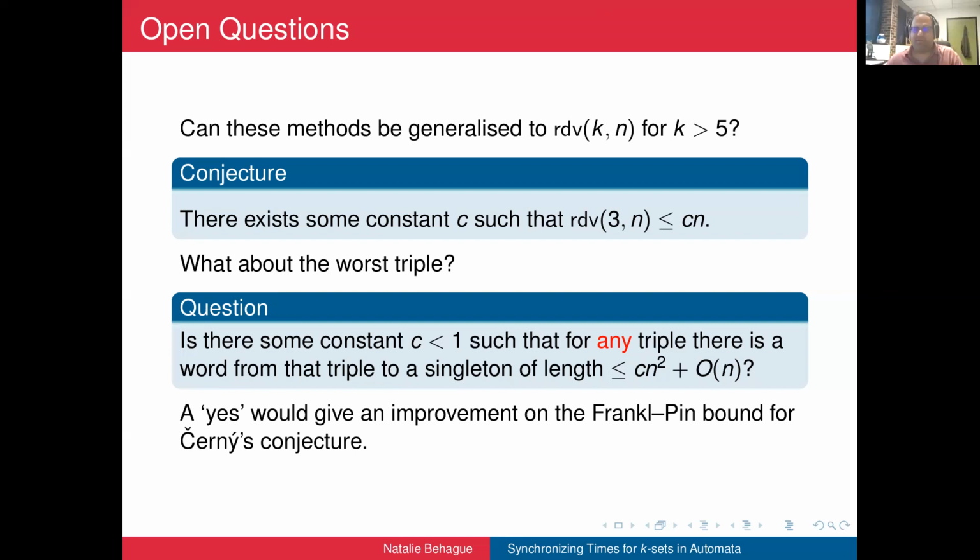So do you think it's worth going up to larger and larger Ks to try and get similar bounds? Is that helpful, to keep going past 5 or 6? Well, I think the real meat of the question is that my suspicion is that if you could, for one fixed K, find that it was linear.